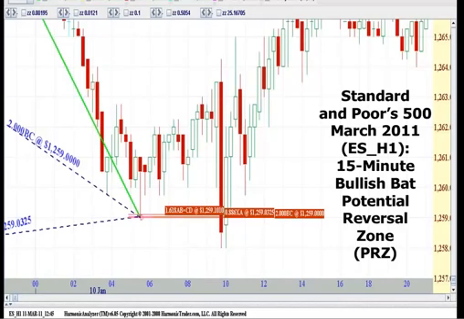Now this is important because, again, we will get into execution types, but although this structure required two tests, here's the first test, again a type 1 reversal, then we have a secondary test, type 2. It found distinct support in this area.